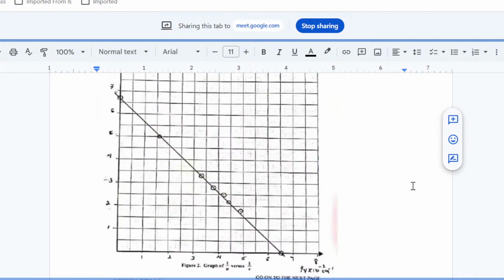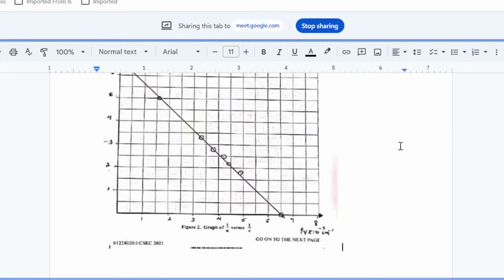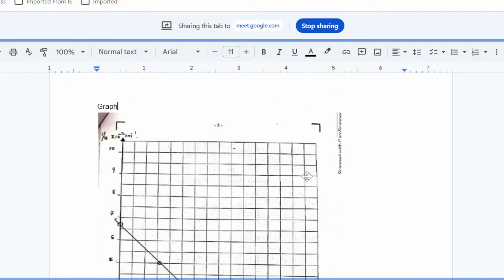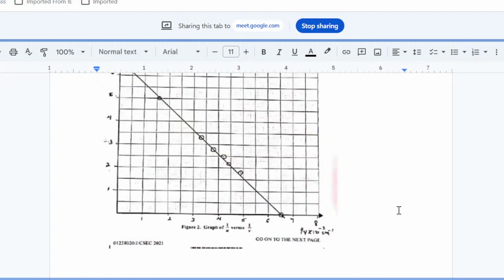So if you use the integers there, like the 1, 2, 3, 4, 5 to plot, you would lose marks if you didn't put the times 10 to the minus 2 on the axis. Alright, so things like that can cause you to lose marks. So you'd have to put times 10 to the minus 2 if you're using the integers as is, same as the values in the table.